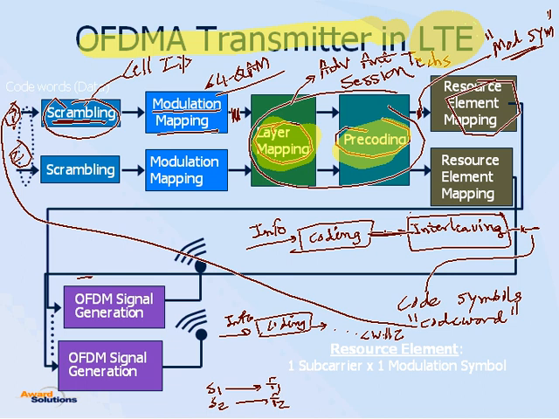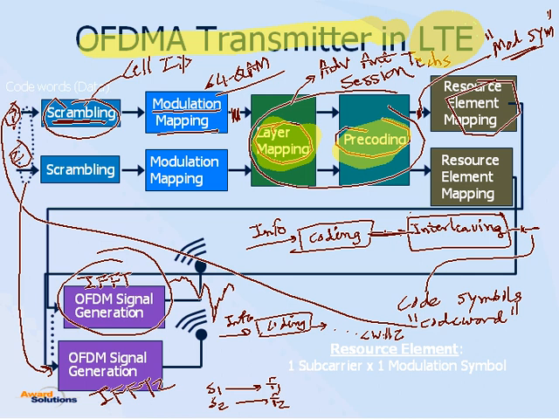Then OFDMA symbol generation, this is your IFFT. You are combining all the modulation symbols on all subcarriers, and then this kind of strange looking signal will be going out. Similarly, you can do IFFT for the other branch that you have for the second code word. Then maybe also like that.